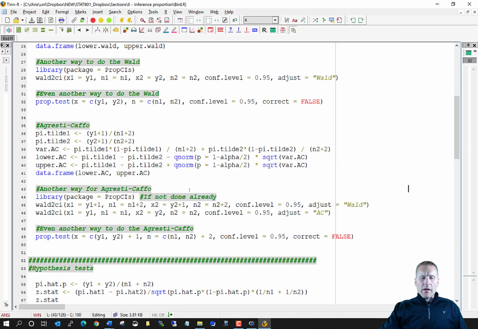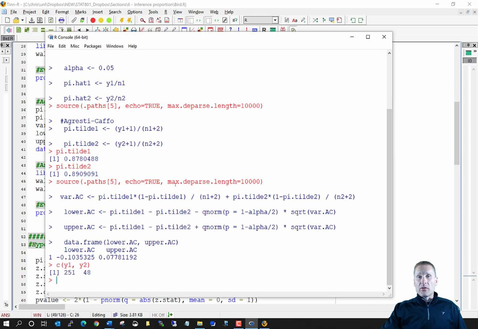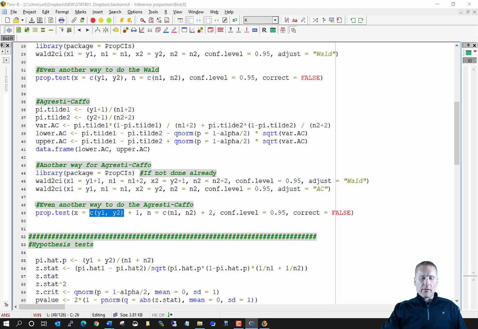Okay. Well, let's look at another way to do some of these calculations. There's a function called prop.test. In fact, we've seen that before. In the x argument, what we can do is combine y1 and y2. So let me show you that indeed we are combining y1 and y2 into a vector. And then we add 1 to it.